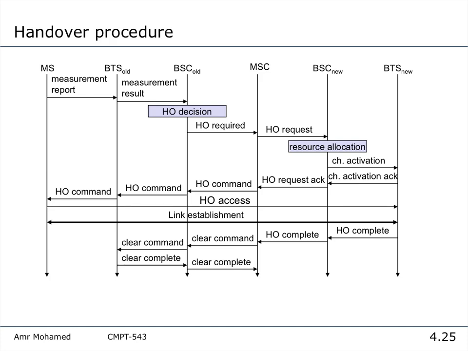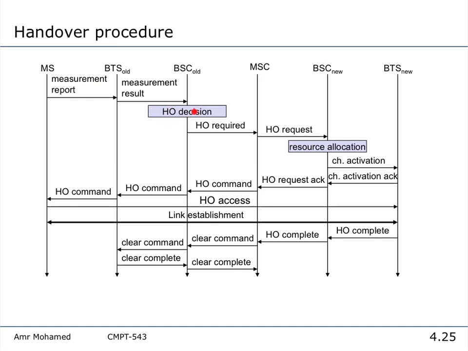So the BTS will send the measurement results to the base station controller, and the base station controller, in that case, decides whether we should do the handover based on measuring the signal strength and comparing that with the handover margin between the old BTS and the new BTS.